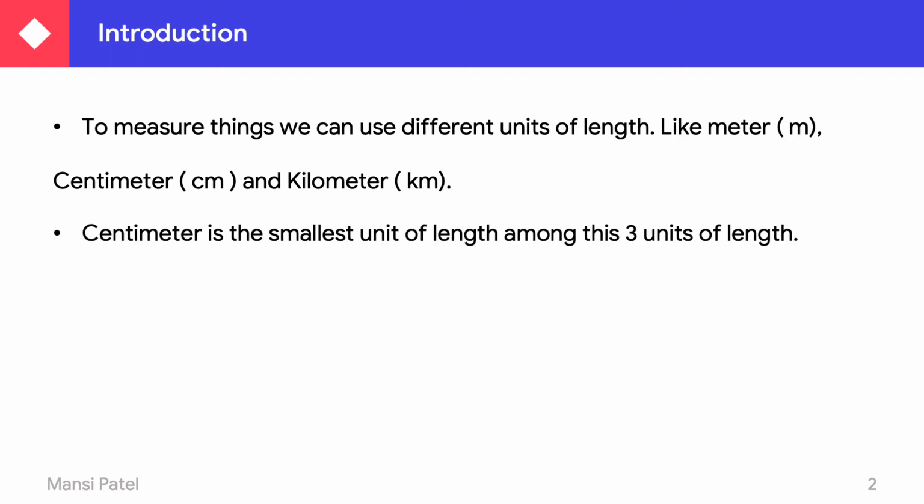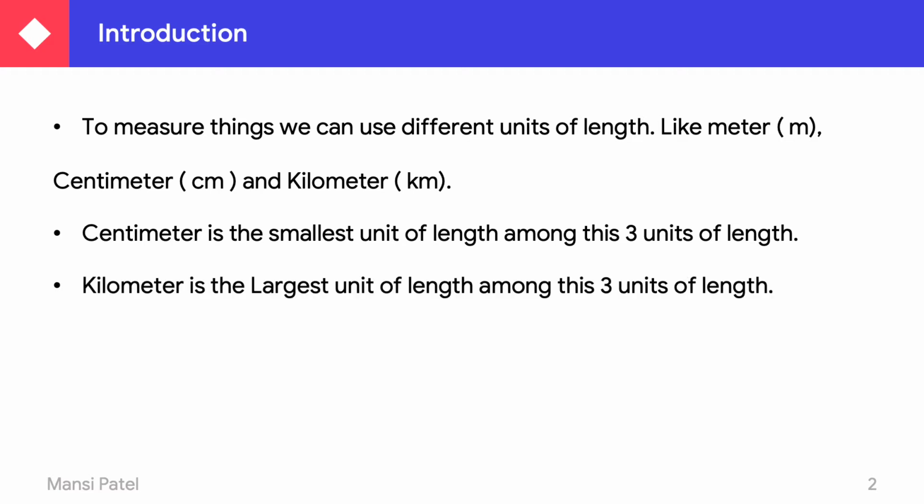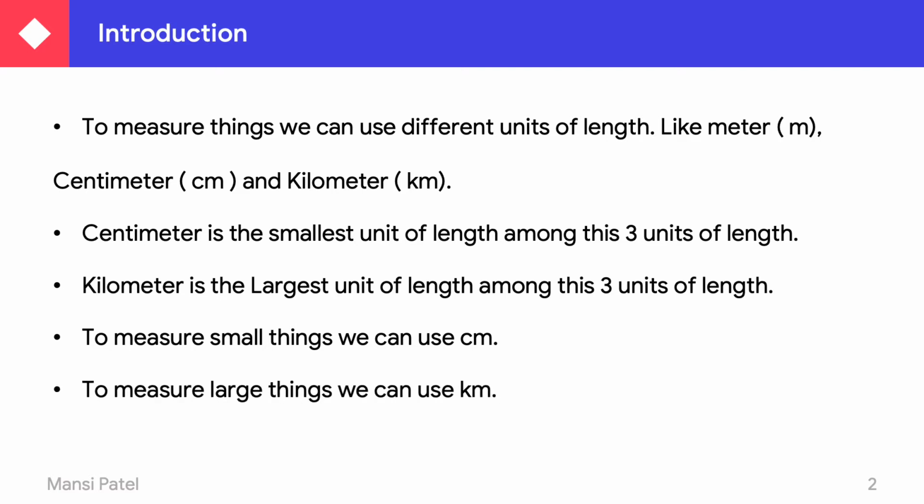Centimeter is the smallest unit of length among these three units, and kilometer is the largest. To measure small things, we can use centimeter, and to measure large things, we can use kilometer.